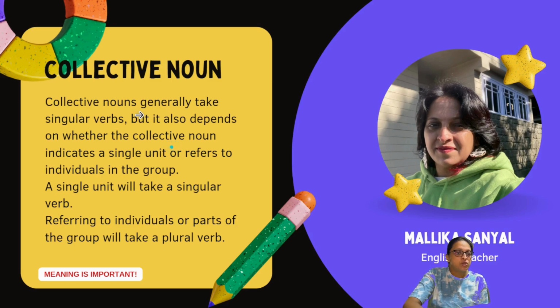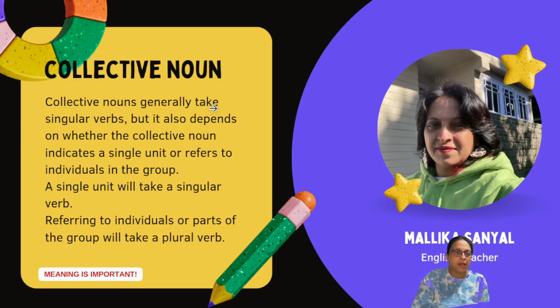So what is the exception? It also depends on whether the collective noun indicates a single unit or refers to individuals in the group. If the group as a whole is being mentioned, then it will act like a collective noun and take a singular verb. But in the group, if something is divided, or we mean individual people in the group, then the collective noun will take a plural verb.